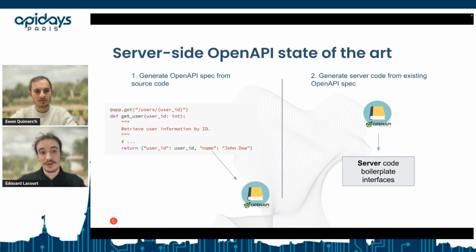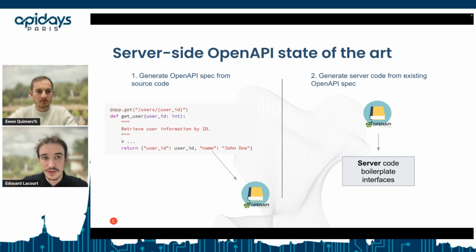Here you have an example in FastAPI, where you can see we add a decorator on top of the function definition, and it will add the following to the OpenAPI description. The second approach is to write the OpenAPI description and then generate the boilerplate server code. It will provide you an interface, and you would need to fulfill the interface for the API to work.